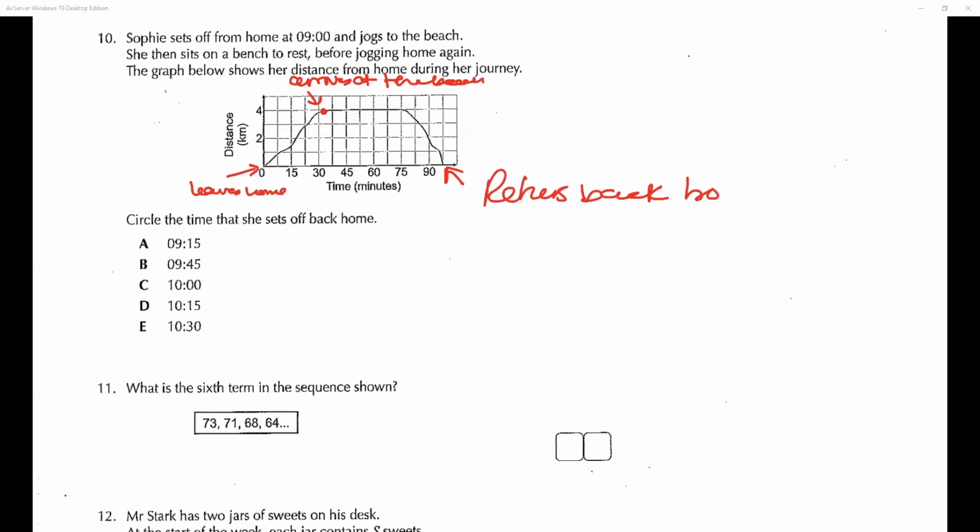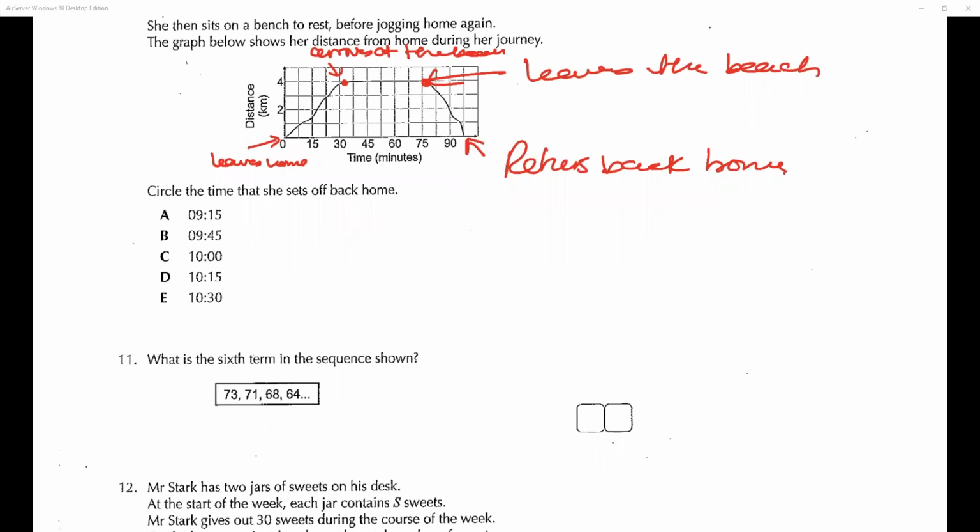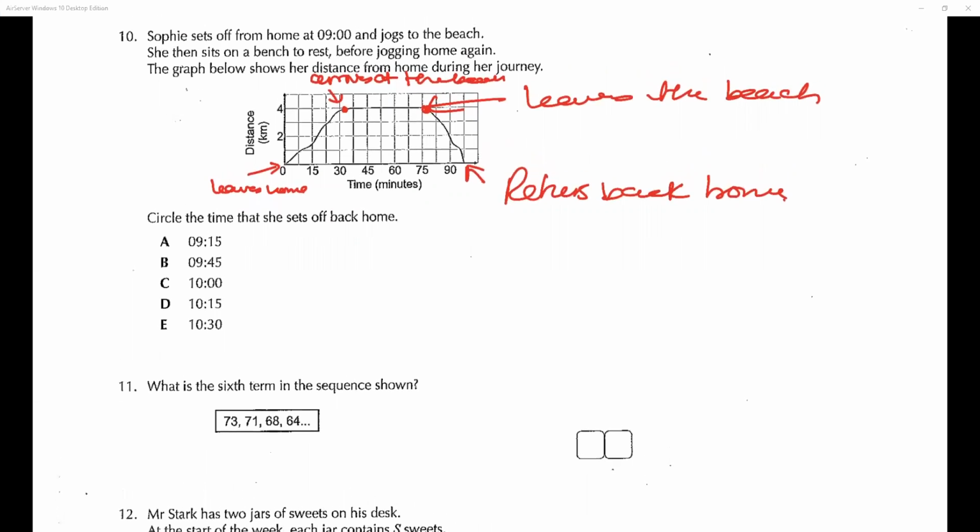And this is the part where she leaves the beach. So we can read different parts of the journey by looking at whether it is going away, or is it flat, is it there? Circle the time that she sets off back home.